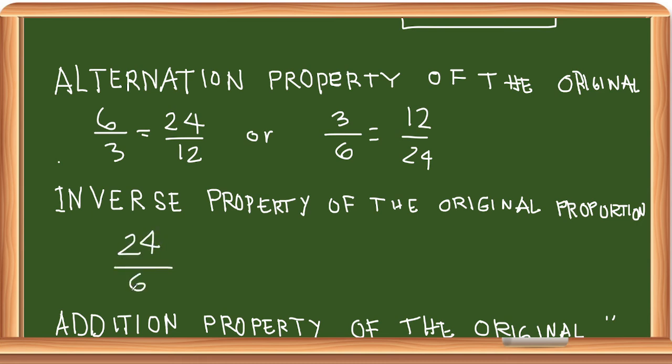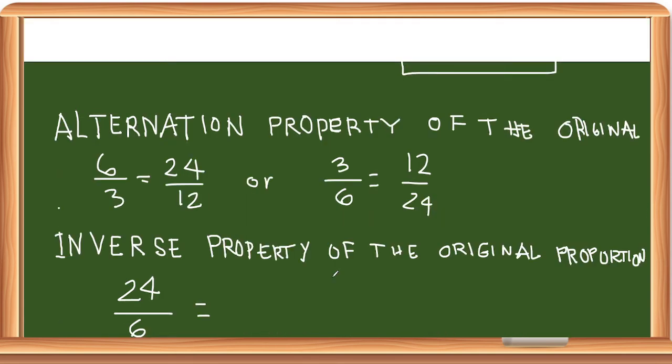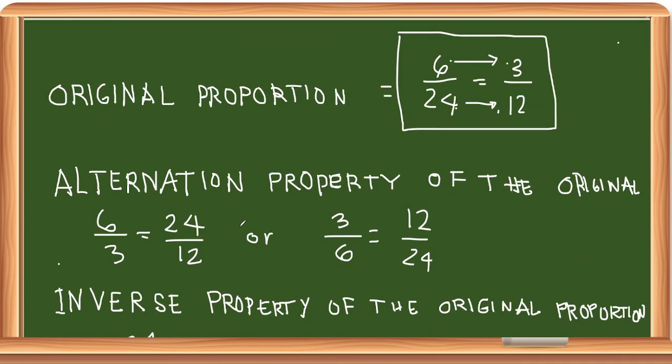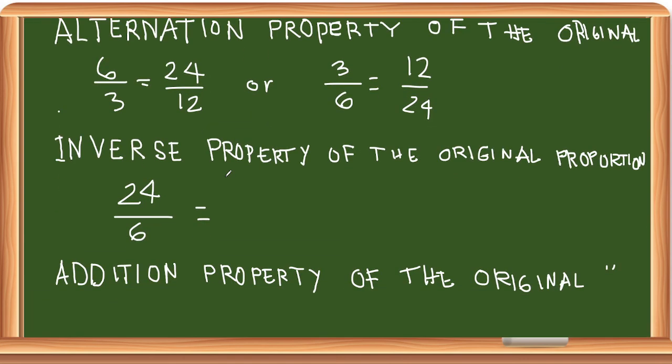Pinagbaliktad lang natin yung position nila as numerator and denominator. Ganon din yung kabila. Pagbabaliktarin din natin tong 3 over 12, gagawin natin 12 over 3. Kung mapapansin ninyo, kapag cross-multiply nyo, you will still have the same result. Sa 72 din sila. Okay?